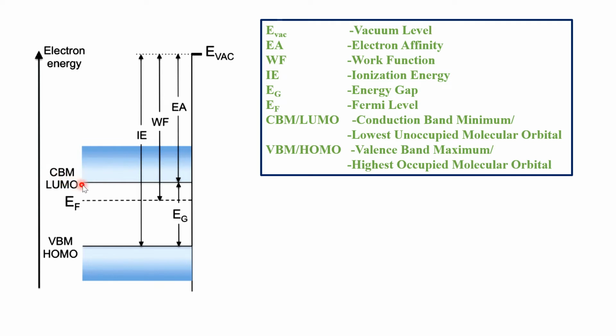So it is called the conduction band minimum or lowest unoccupied molecular orbital. So the energy between the valence band maximum and the conduction band minimum is known as Eg. That is the energy gap or the band gap of the particular material. We will understand the significance of Eg as we go on.